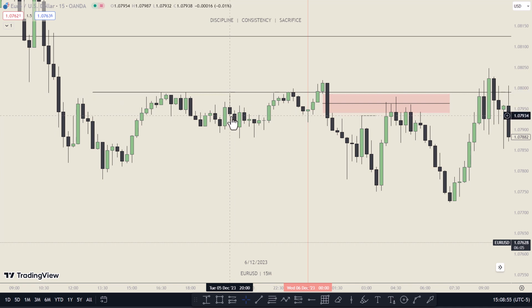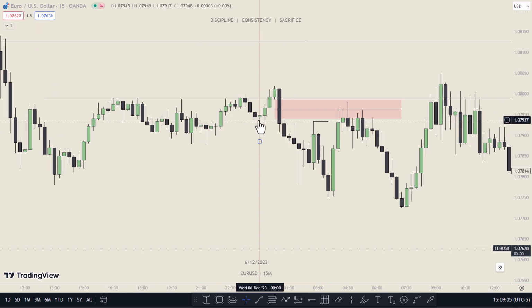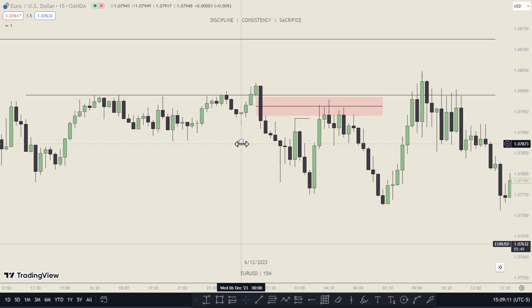Another one: open, trades above, and then expansion lower. So this is a true day open, right? The midnight open. So this move right here to take liquidity from here and then fill the fair value gap is an indication of a bearish day, right? So this is very important.